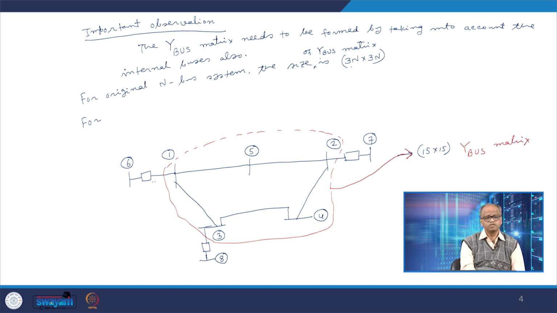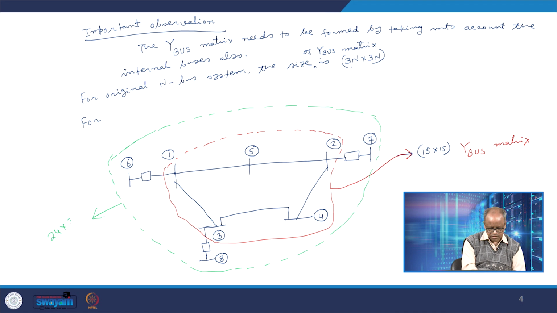But because now I have added 3 more internal buses along with their corresponding impedance matrices, my augmented system is now comprising of all 8 buses. So then therefore, the size of this Y bus matrix is 24 cross 24.